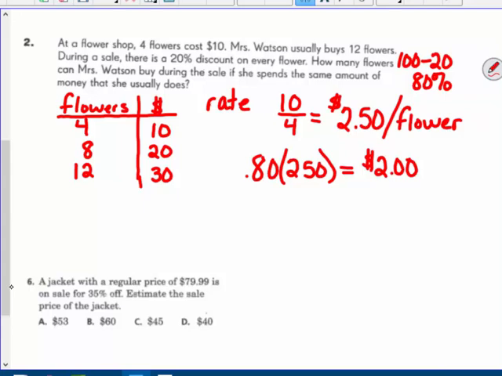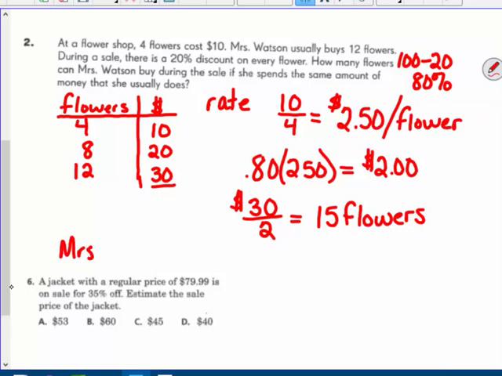Well, she needs to spend her usual amount of $30. So her $30 that she normally spends divided by that $2 would mean that she can get 15 flowers, right? Instead of her normal 12 flowers. How many flowers can she buy? Oh, okay, Mrs. Watson.